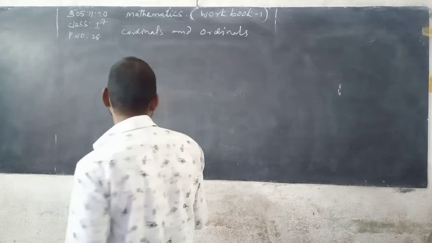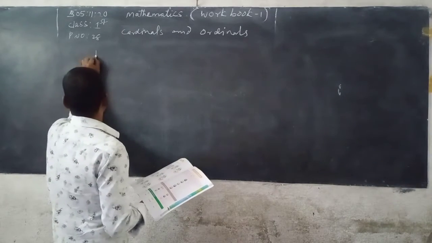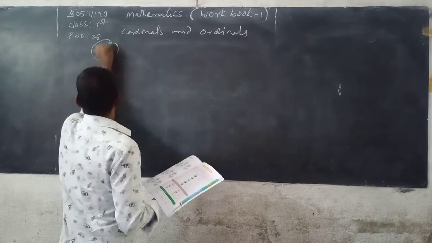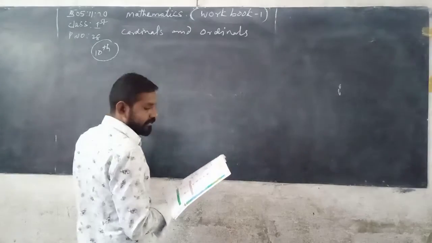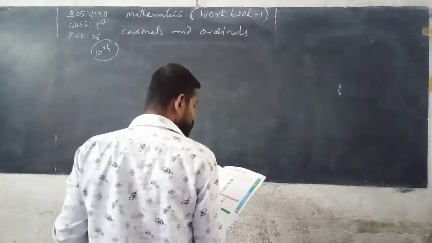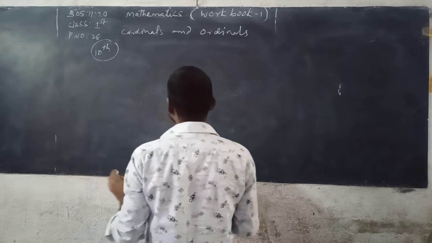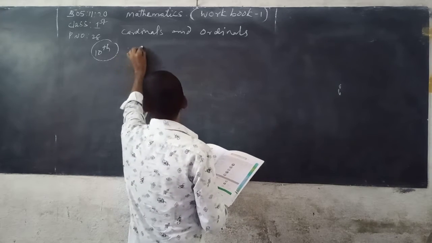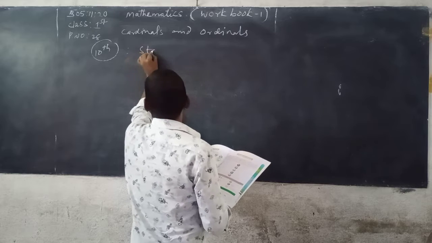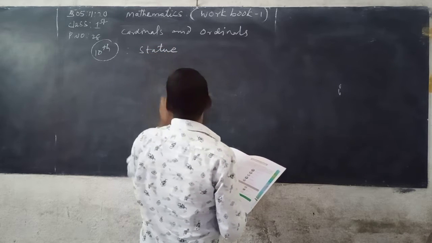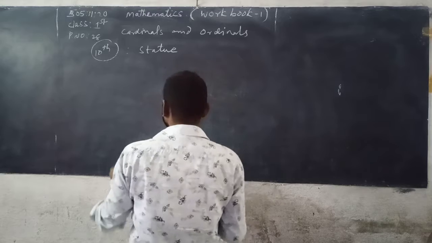The first one is the tenth rack. In the tenth rack, there is a statue. So here you can write statue. Now next, the third rack.